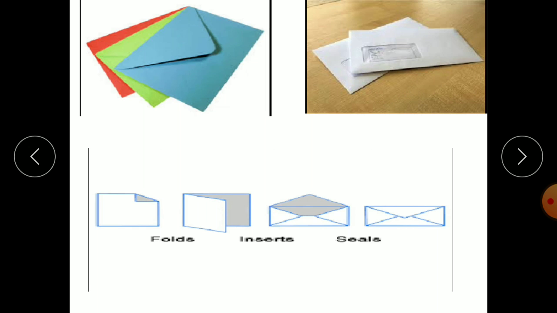Certain firms, banks and LIC use window envelopes. Okay? To display specially receipts. In this type of envelope, a window is made by cutting the portion where the receiver's address is written, so that the inside address is clearly read.